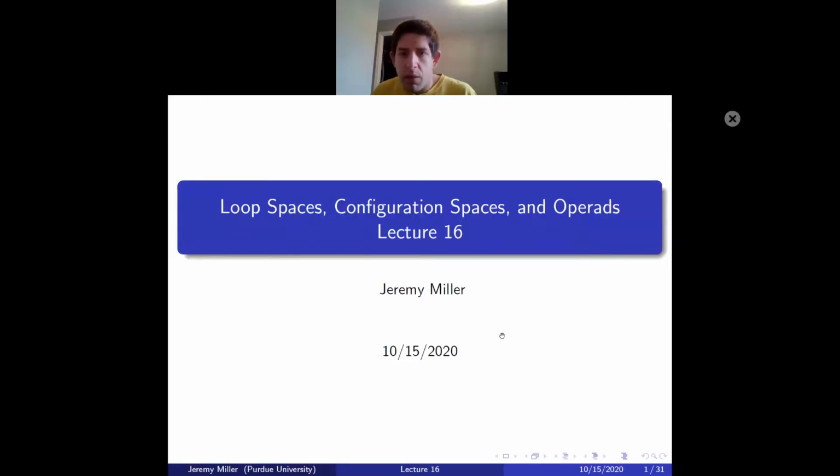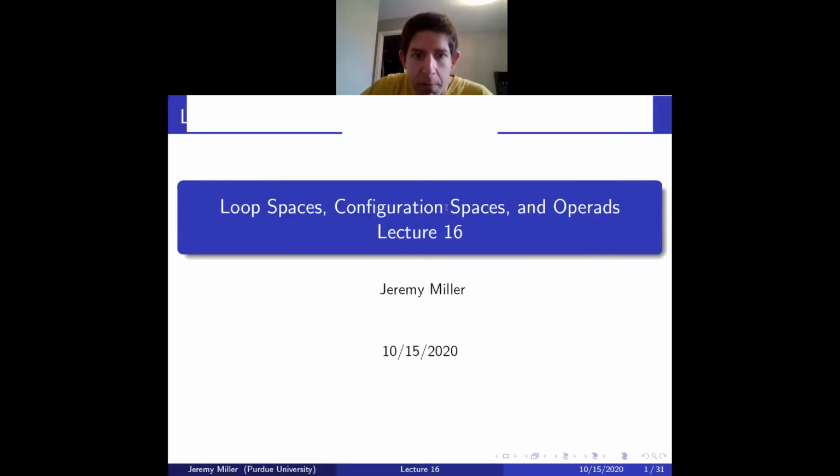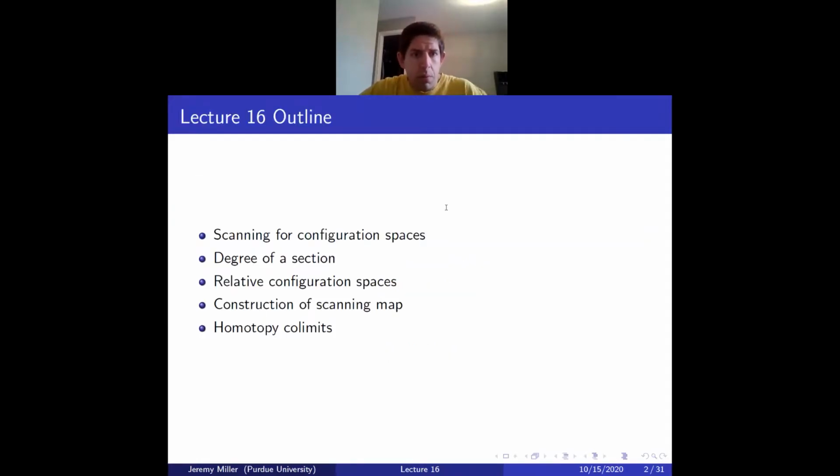Great. Okay, so today I'll remind you about scanning and talk about two different models of the scanning map, and talk about scanning in the limit theorem. So we'll talk about scanning for configuration spaces.